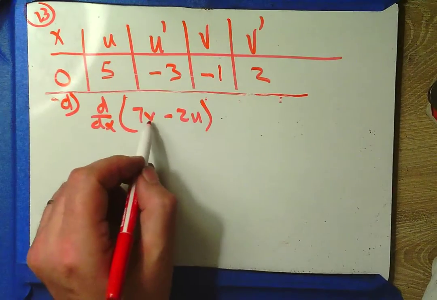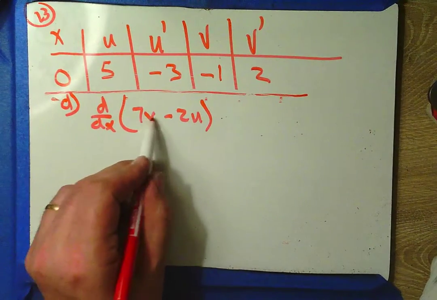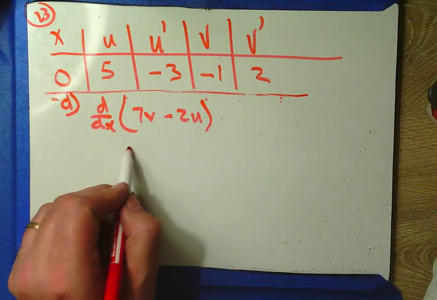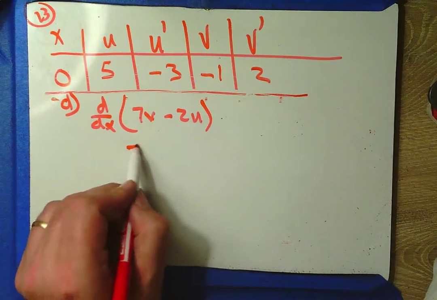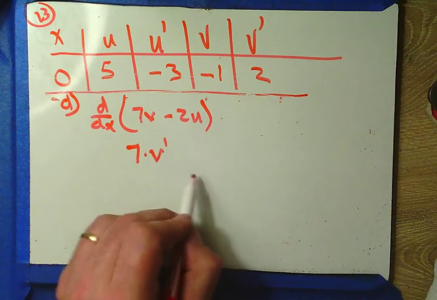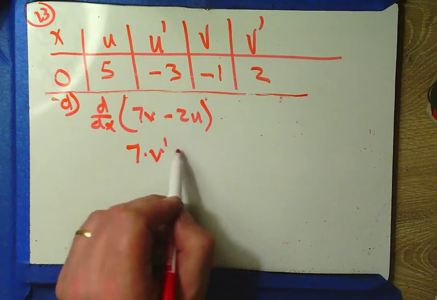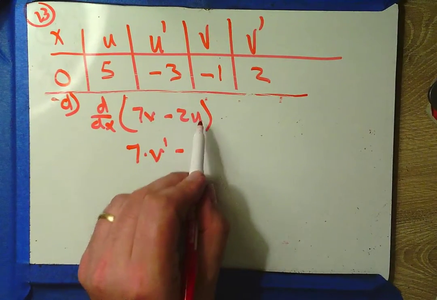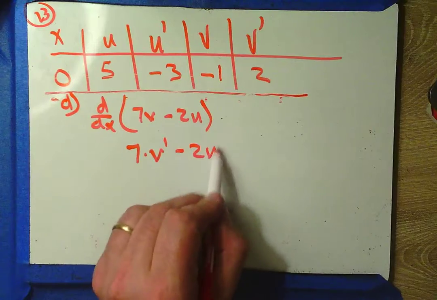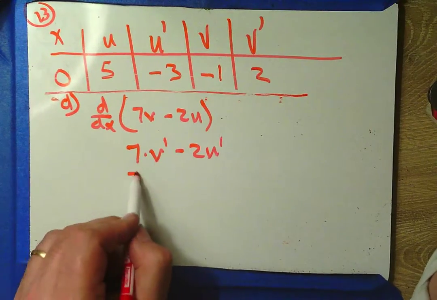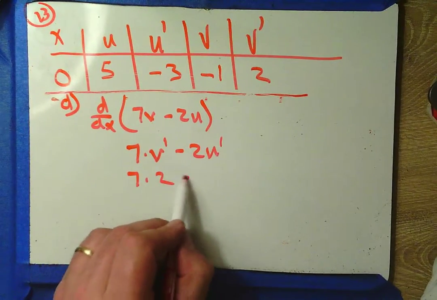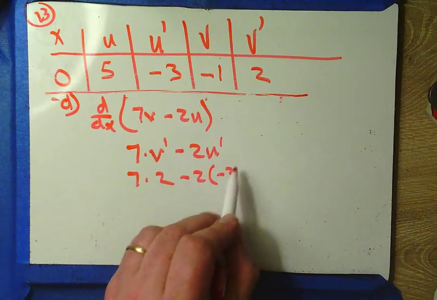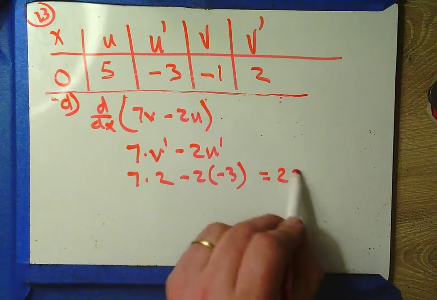So this is pretty straightforward. This is just going to be the derivative of 7v, a constant times v, so 7v prime, minus the constant times the derivative of u, u prime. So I've got 7 times 2 minus 2 times negative 3, which is 20.